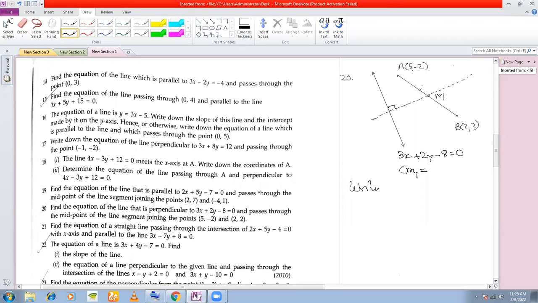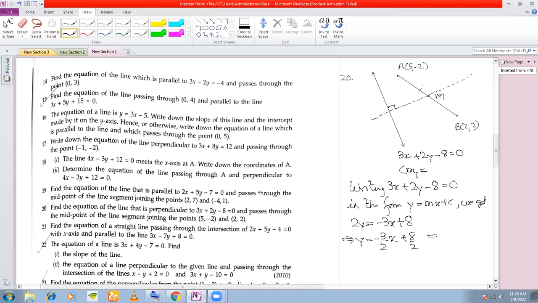Writing 3x plus 2y minus 8 equal to 0 in the form y is equal to mx plus c, we get 2y is equal to minus 3x plus 8. That means y is equal to minus 3 by 2 x plus 8 by 2.